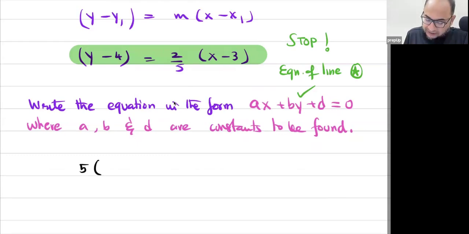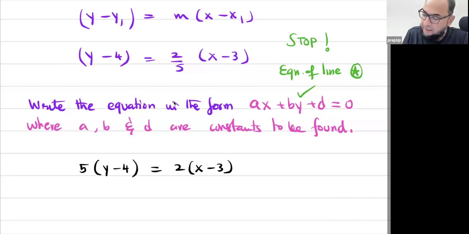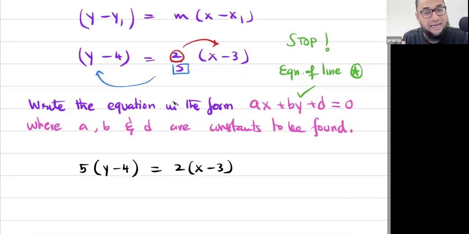5 times (y minus 4) is 2 times (x minus 3). So let me just erase this green color for right now. Let me choose this color, which is blue, and I'm multiplying it like this. I'm choosing this red and multiplying like this. So instead of opening up with a fraction, I play it safe.